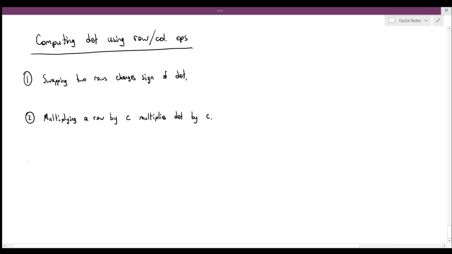And then the type of row operation that we tend to perform the most is, we add a multiple of a row to another row.